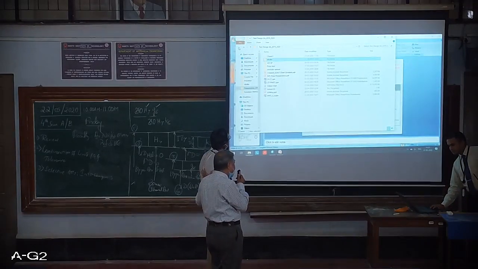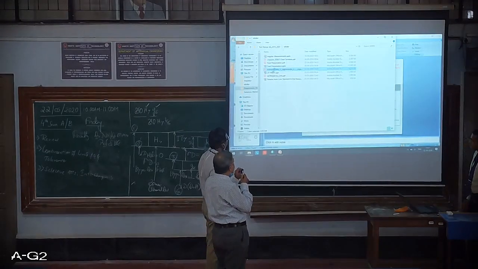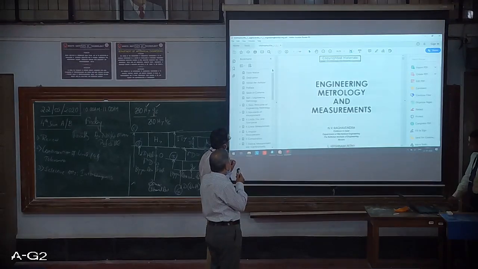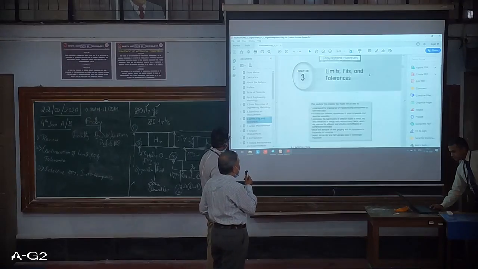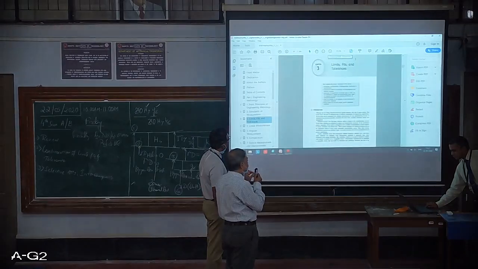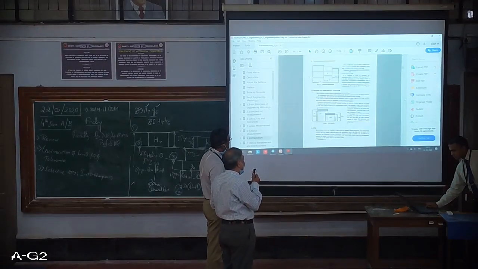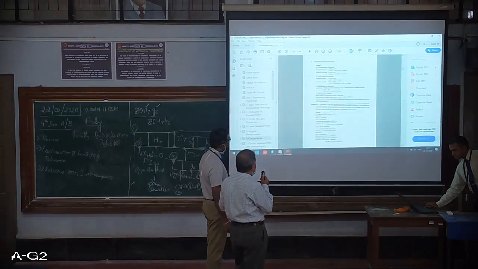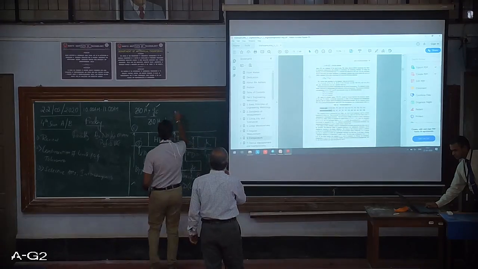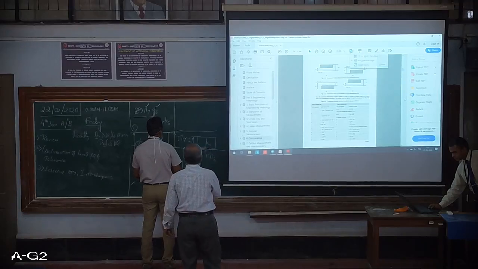For A to Z, whatever shafts, the international standards organization has come up with certain standard fundamental deviations, and those are based on the diameter of the hole or shaft. For example, for the F shaft, the fundamental deviation is minus 5.5 D raised to 0.41.